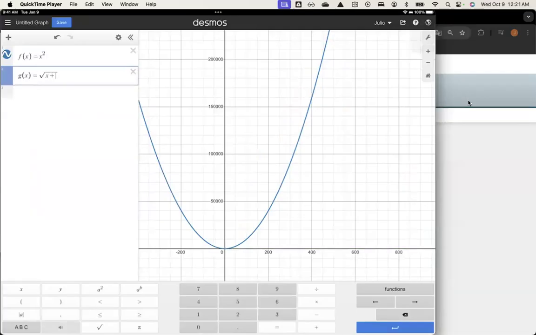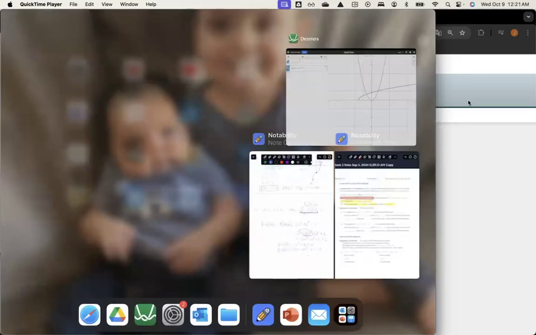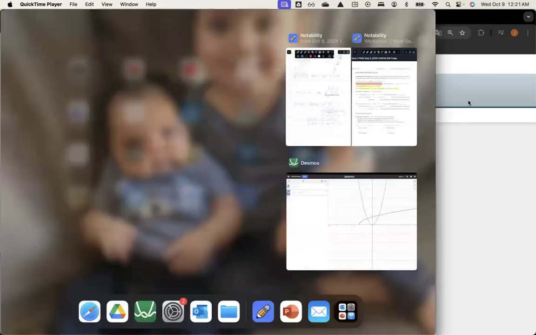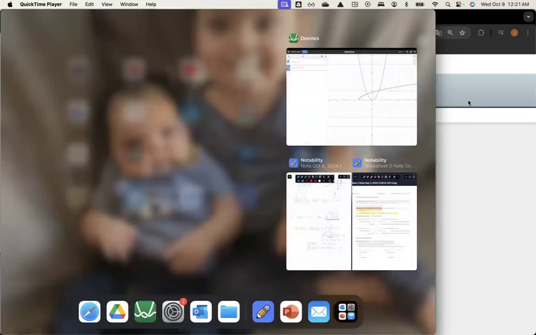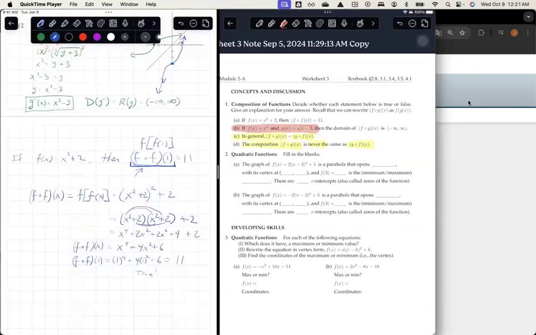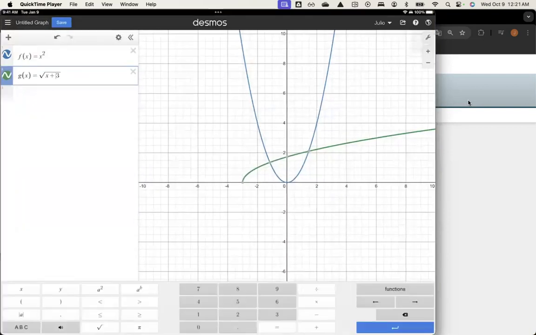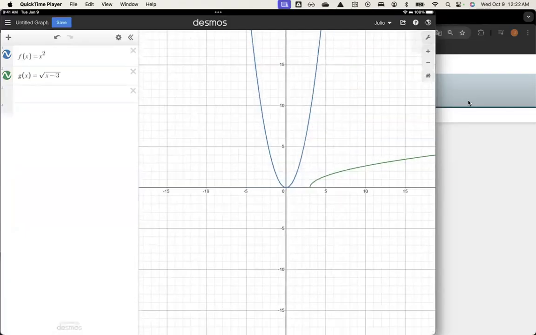I don't know, is it plus 3? Minus 3. Like that. Okay, so zoom in a little bit. x minus 3. So what's the domain of the composition f of g of x? Oops, is it x plus 3 or x minus 3? x minus 3. Let's change that to a minus. Okay. So what is the domain of the composition?